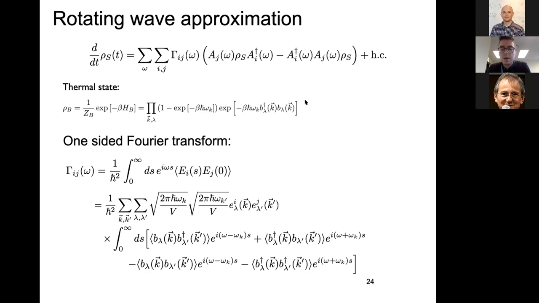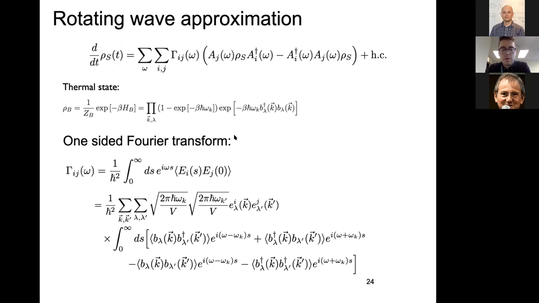Okay, so after we make the rotating wave approximation, the equation of motion for our reduced density matrix for S can, for this example, be written in this form.